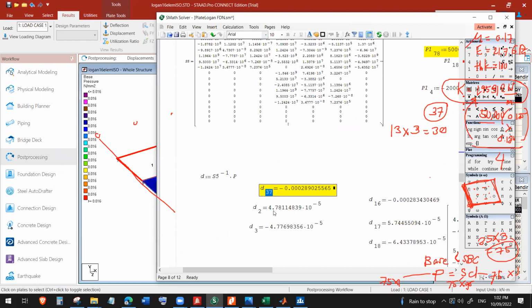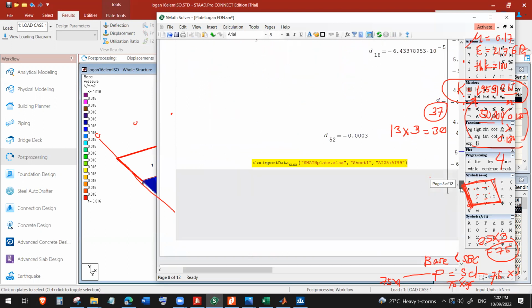That is DOF 19. So let's calculate. At DOF 19, our displacement is 0.27. Anyway, let's verify that later.